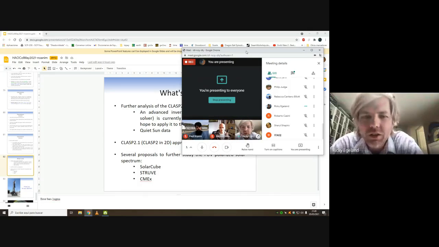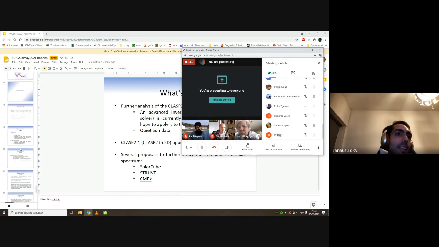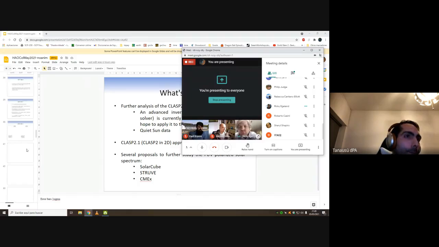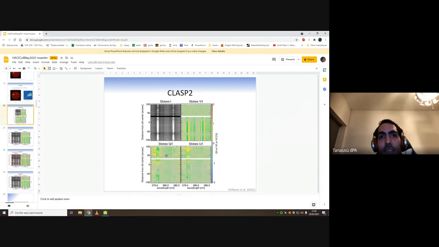Okay. And also, were the linear polarization signals strong? Were there good things to see in there? Well, actually, you can see that in the, well, they should be here. Let's go to, you can see that in the part that goes through the quiet regions, the linear polarization is quite significant.